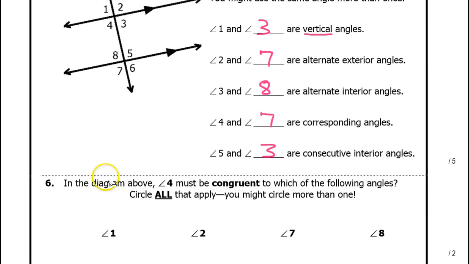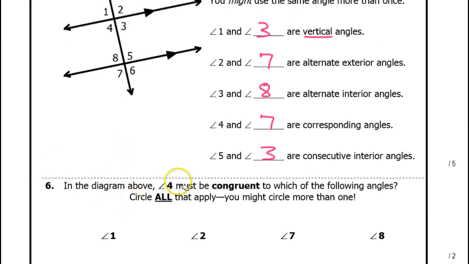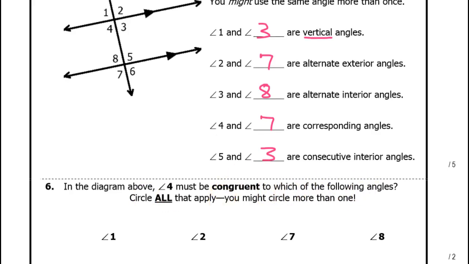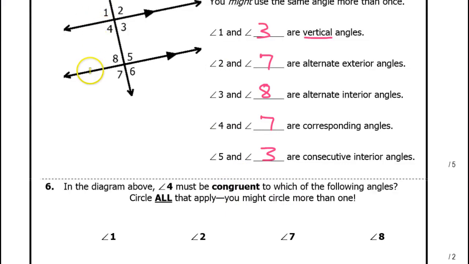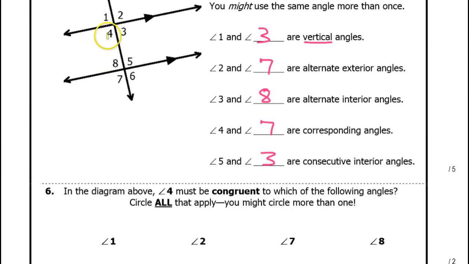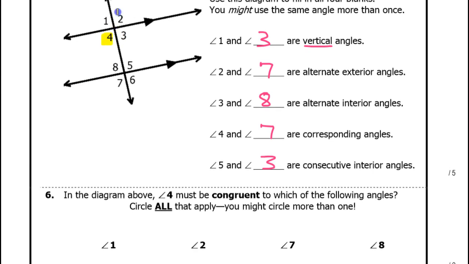Alright, in the diagram above, angle 4 must be congruent to which of the following angles? Circle all that apply. Okay, so let's just mark all of the angles that angle 4 will be congruent with. So there's angle 4. Angle 2 is a vertical angle, so those are going to be congruent.